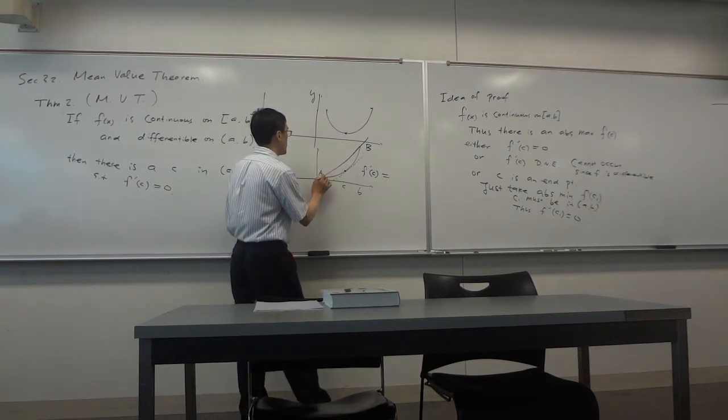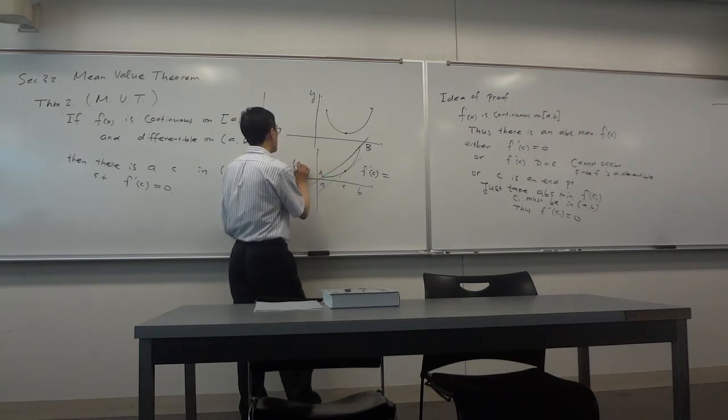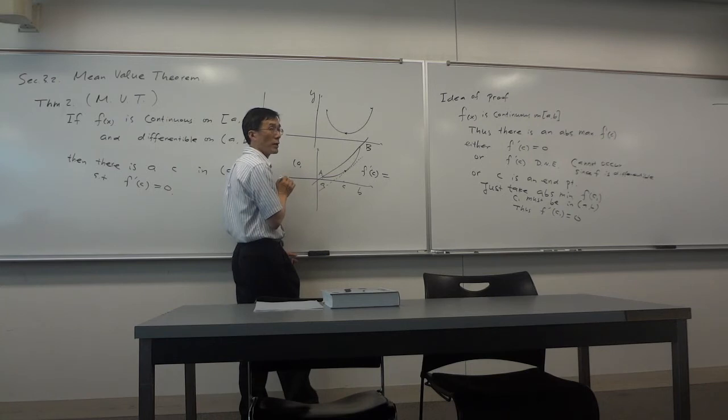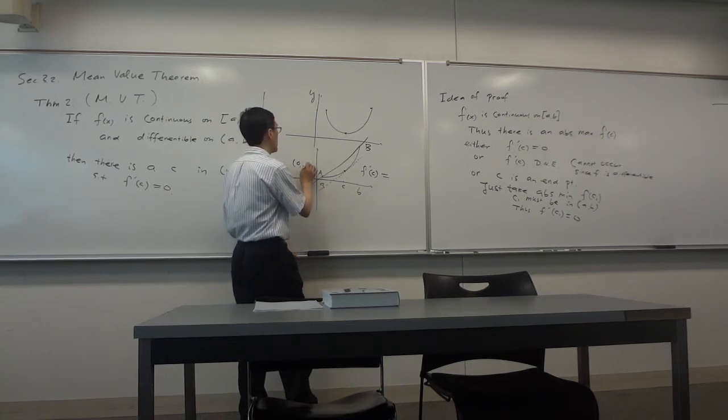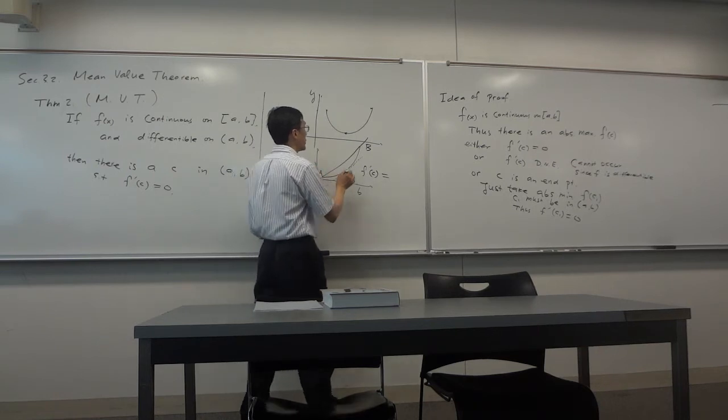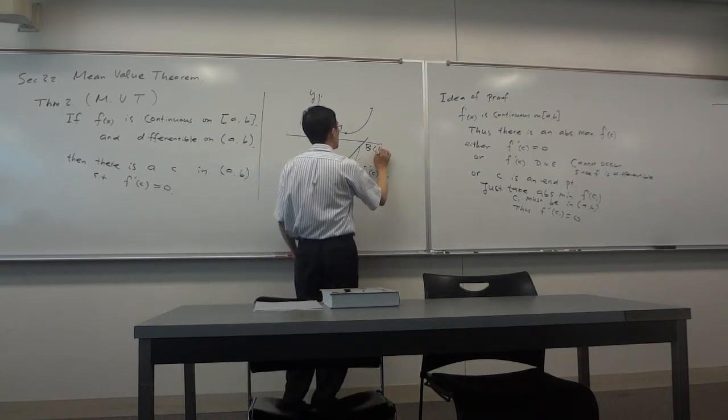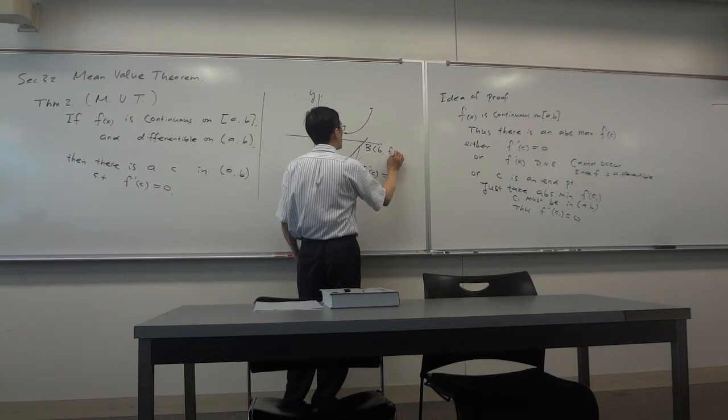Well, let's think about this. A has a coordinate which is what? x equals a, and what is y equal to? Right, f of a, because it's on the graph. And for the point B, x equals b, and y equals f of b, right?